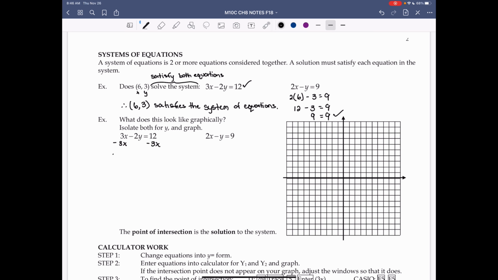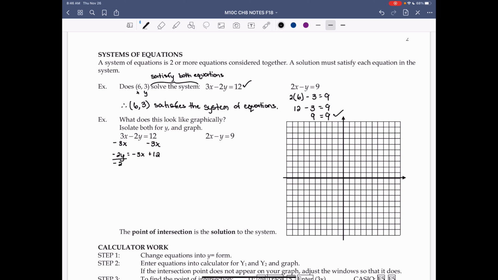Then I get negative 2y equals, for y equals mx plus b, the x terms first, so minus 3x and then plus 12. Then I have negative 2y. That means negative 2 times y. I want to separate the negative 2 from the y, so the opposite of multiplying is dividing.